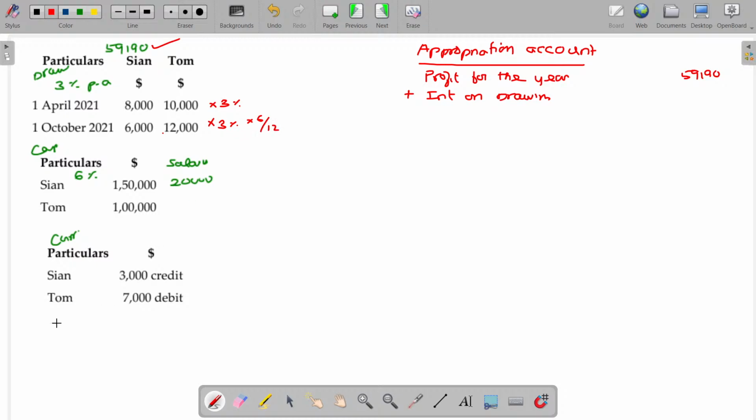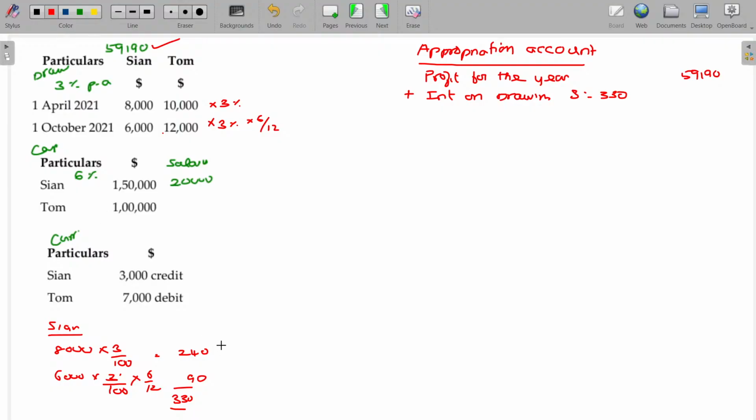I will calculate separately for Sian. For the 8,000 rupees, 3% will be applied. For the other 6,000, 3% for 6 months is going to be calculated. First case 240, second case 90, the total value being 330. This is for Sian: 330.